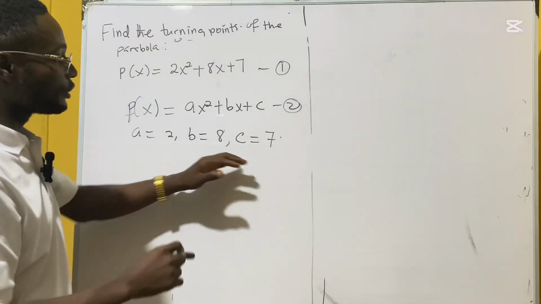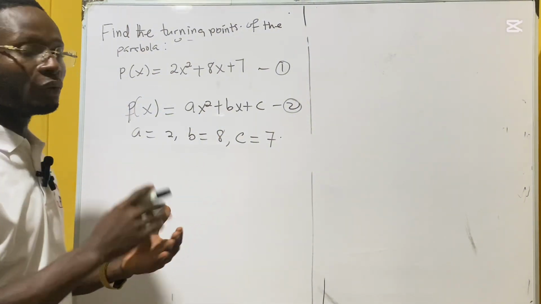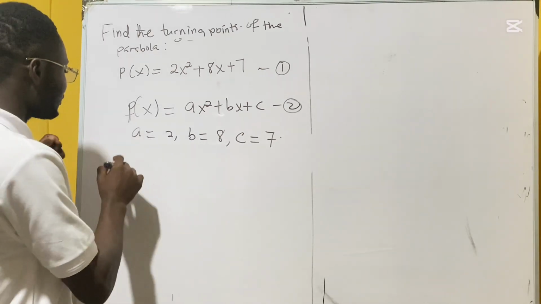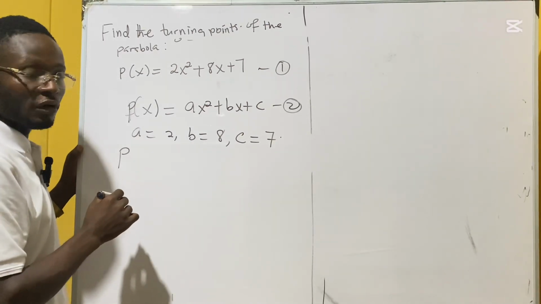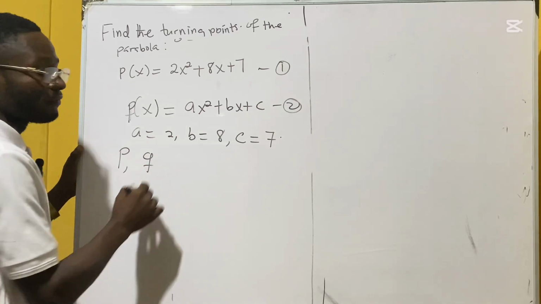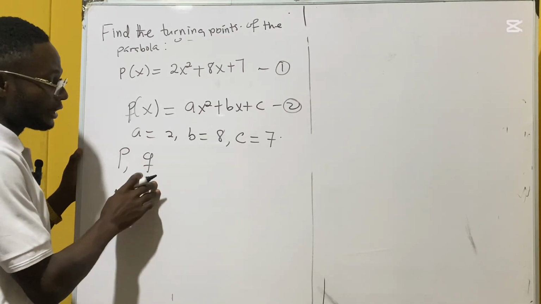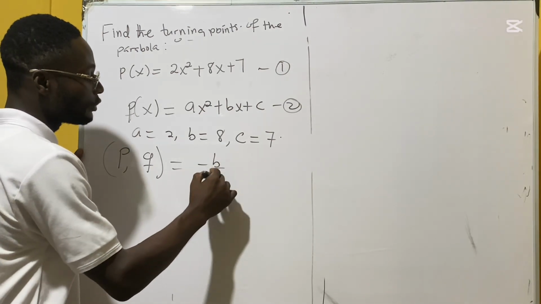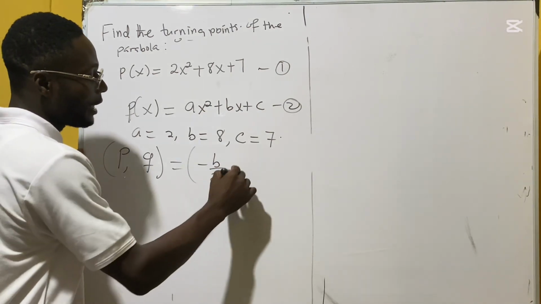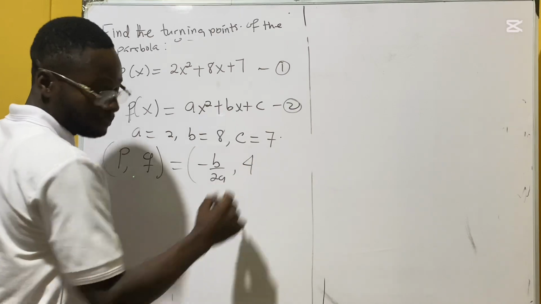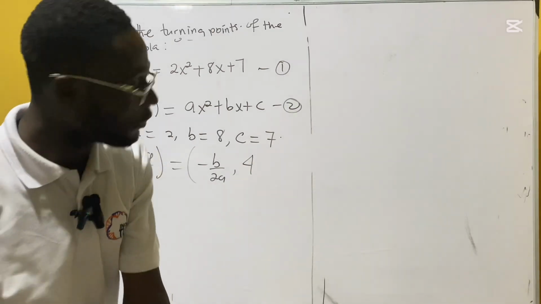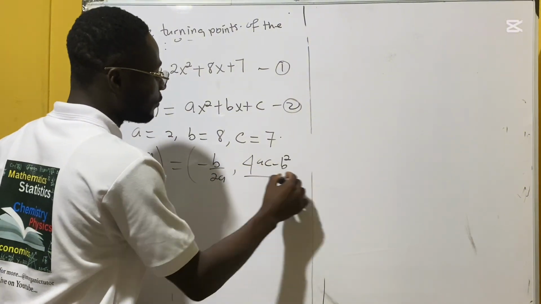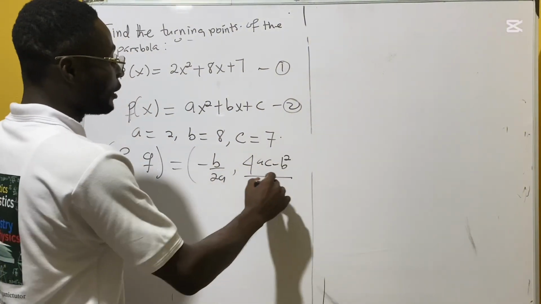Okay, so once you have this information, you know that the turning point has the value of x and the value of y. So that is the p and q respectively. And that is giving us minus b over 2a, and then 4ac minus b squared over 4a.